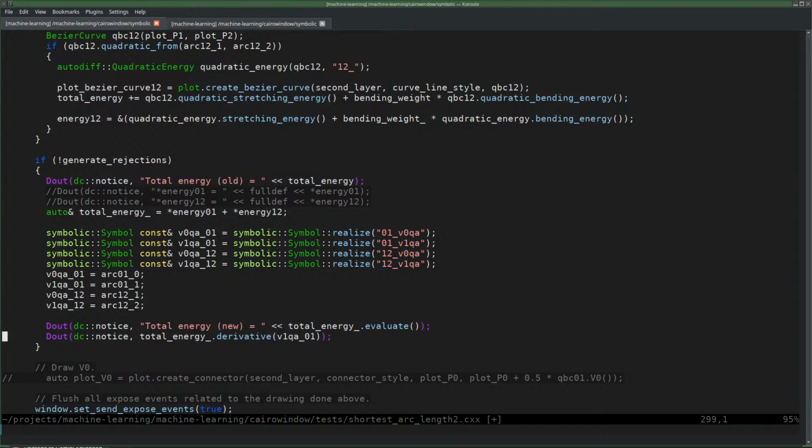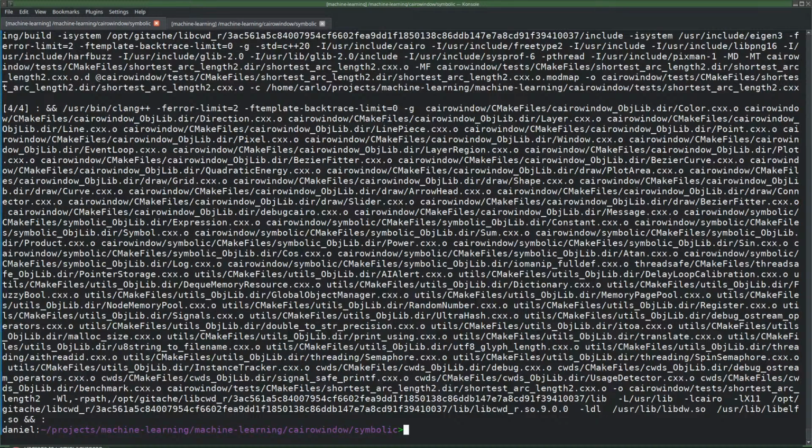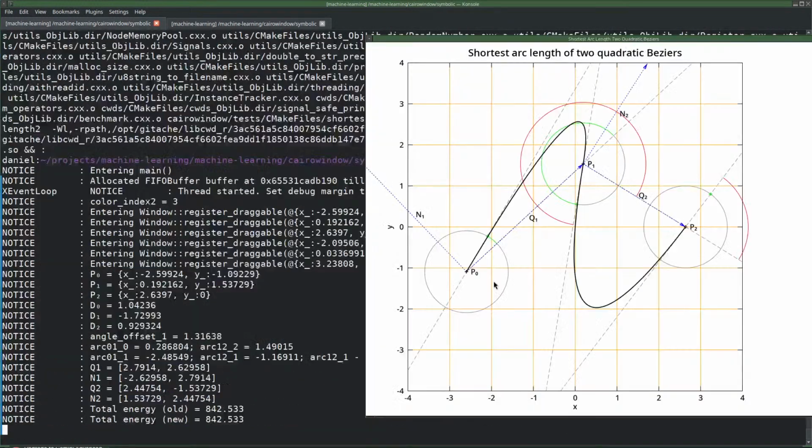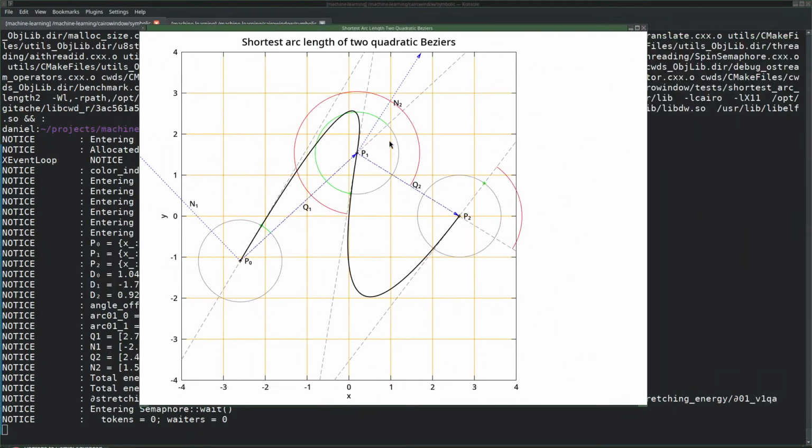Not exactly the same, are they? Nope. One is the green one and the other one's the red one. So they're different. They differ by a fixed angle.